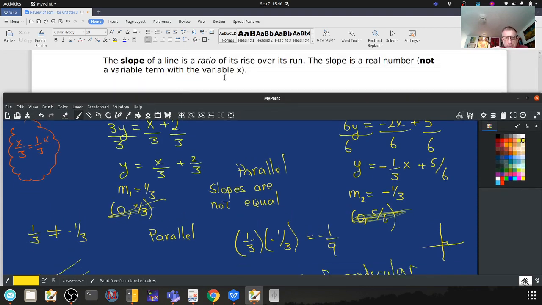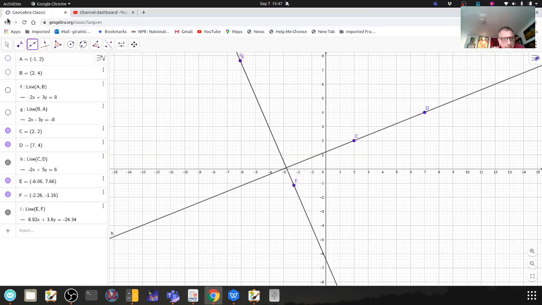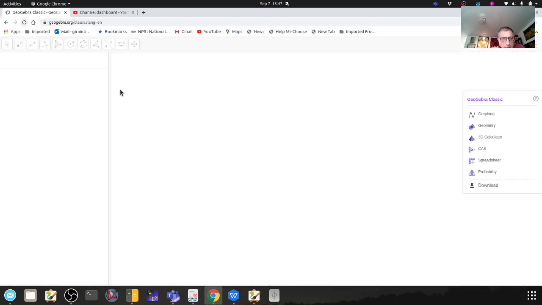Let's actually plot that. Let's go to GeoGebra just so we can verify. So we're given minus x plus 3y is equal to 2, and 2x plus 6y is equal to 5. Going to GeoGebra, I'm going to refresh the page just to get rid of everything.